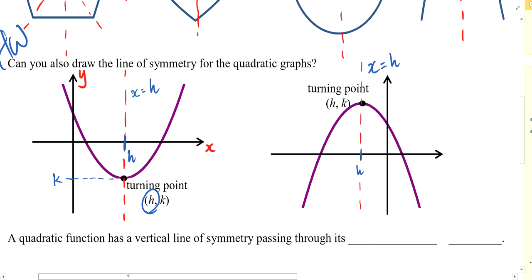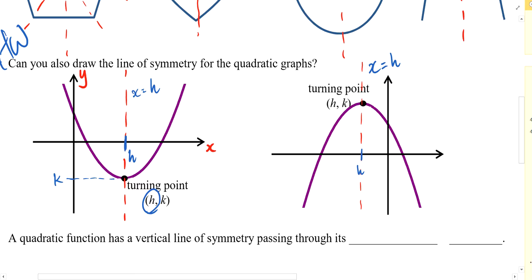Okay, let's see whether you fully understand what lines of symmetry mean. If there are 10 units over here, how many units will there be here? Very good. If there are 1,000 units here, how many units are there over here? 1,000 also. Okay?